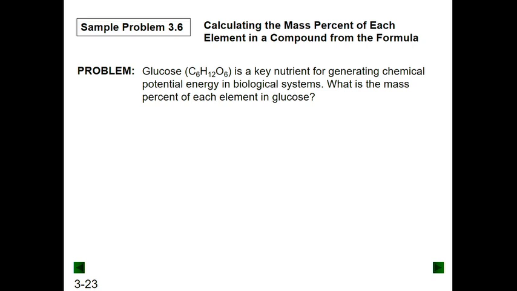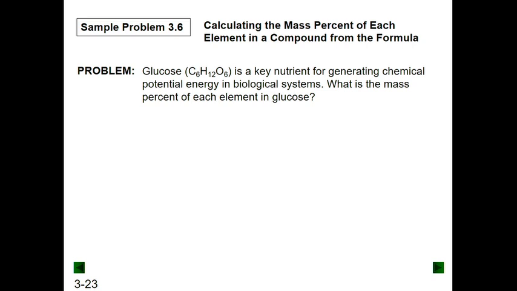For oxygen, we have 6 times 16, which is the molar mass of oxygen. So with that in hand, you will have the quantities in grams for each one of those elements. You sum all the results, and you will have the molar mass.